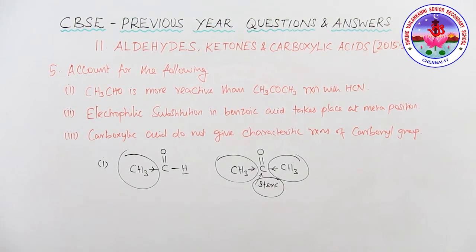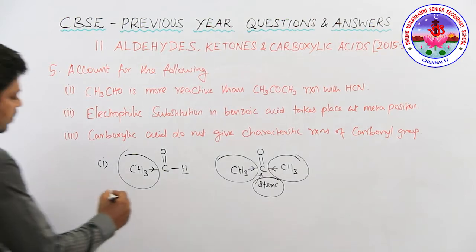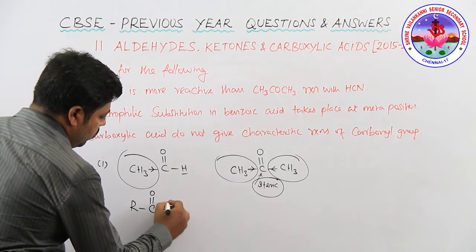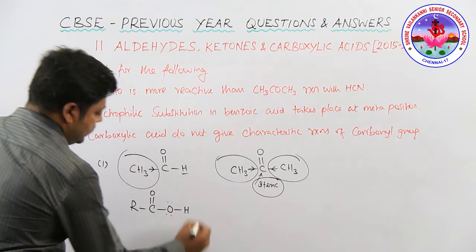Then the carboxylic acid does not give characteristic reactions of the carbonyl group. Why? Because the carboxylic acids do not have a free carbonyl group due to the resonance. You know that the resonance, what is it? Simply, the R C double bond OH.